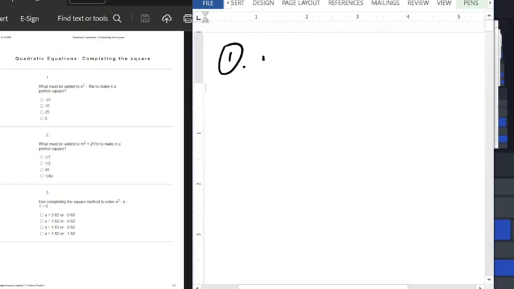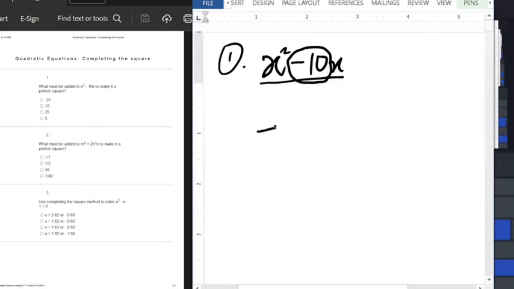So we have x squared minus 10x. We're looking for a number that will add to this expression to make it a perfect square. The rule is that we find the coefficient of x, or whichever letter you're given, and take half of it.